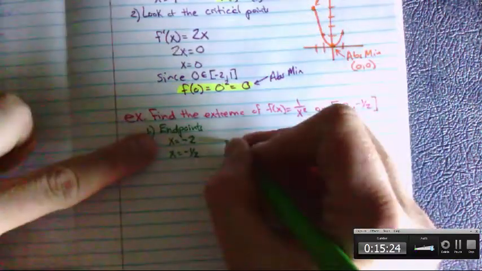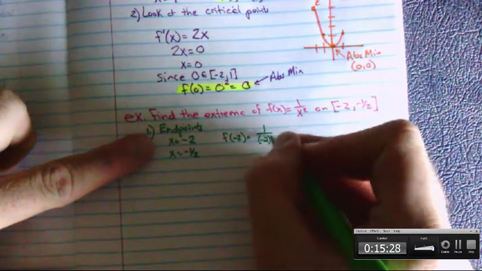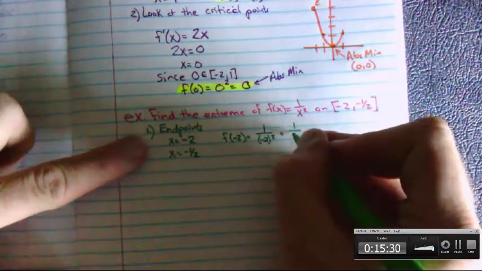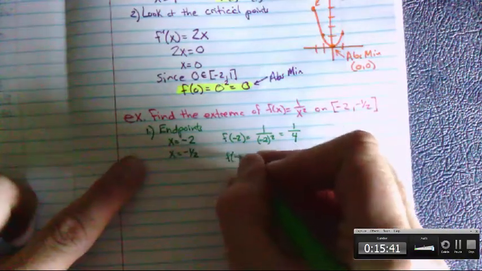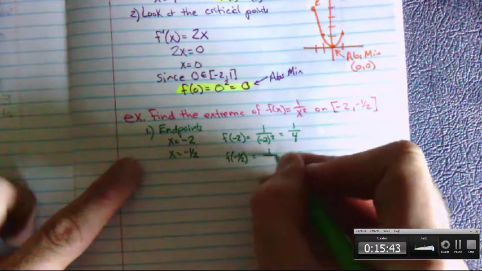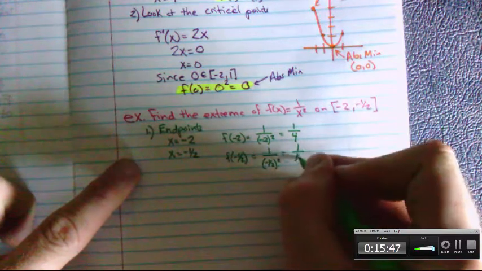We take -2 and plug it in. We get 1/4, because -2 squared is 4. Plugging -1/2 in gives us 1 over (-1/2) squared, which is 1 over 1/4.